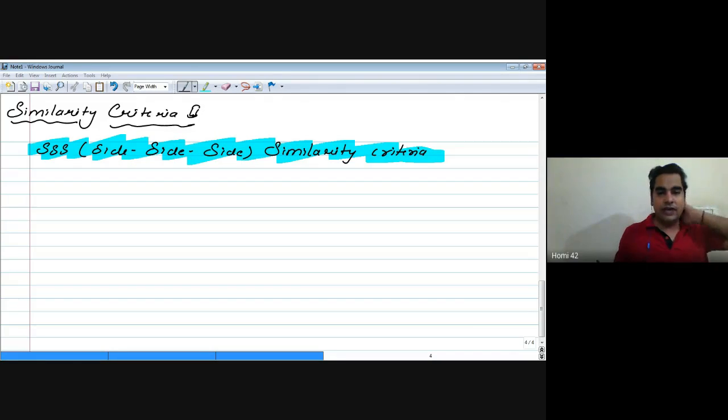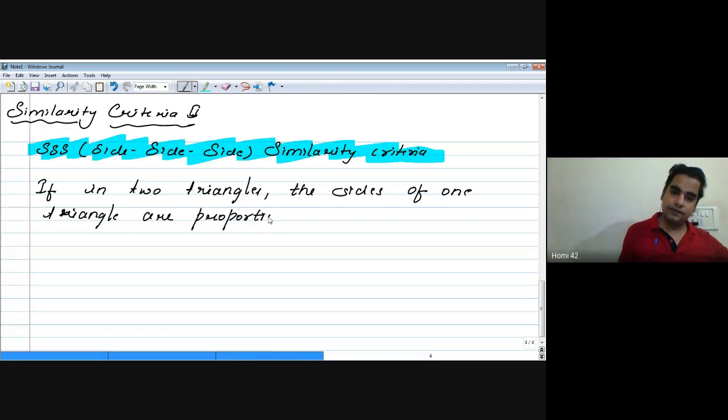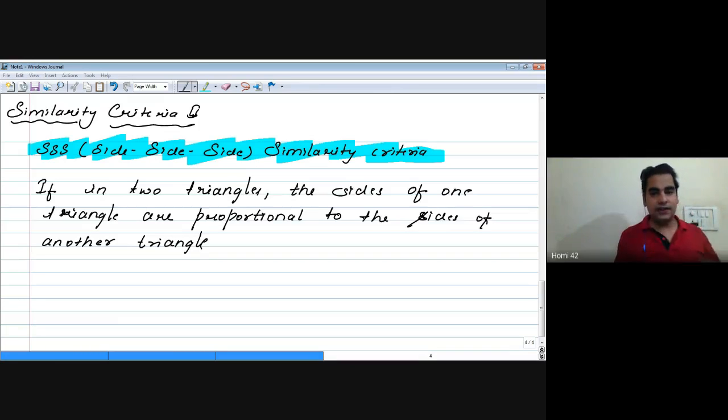The statement says, if in two triangles the sides of one triangle are proportional to the sides of another triangle, then their corresponding angles are equal and hence the triangles are similar.